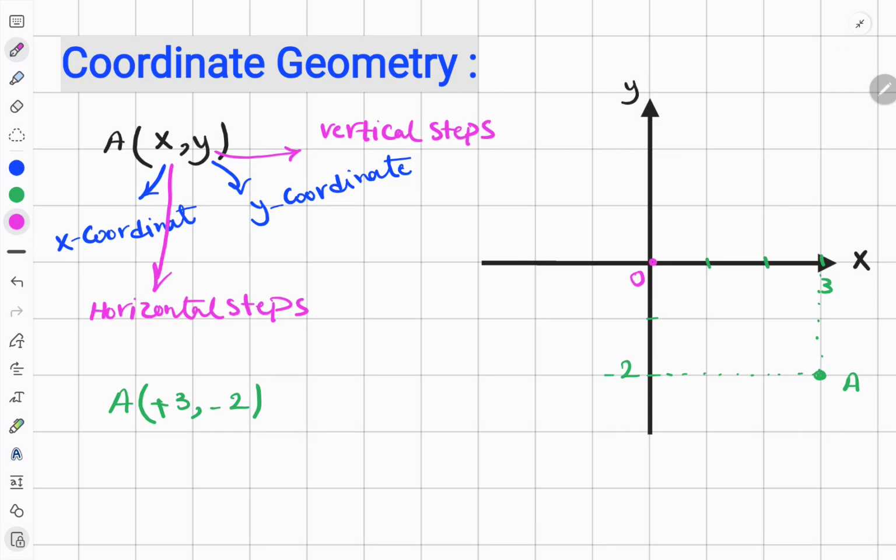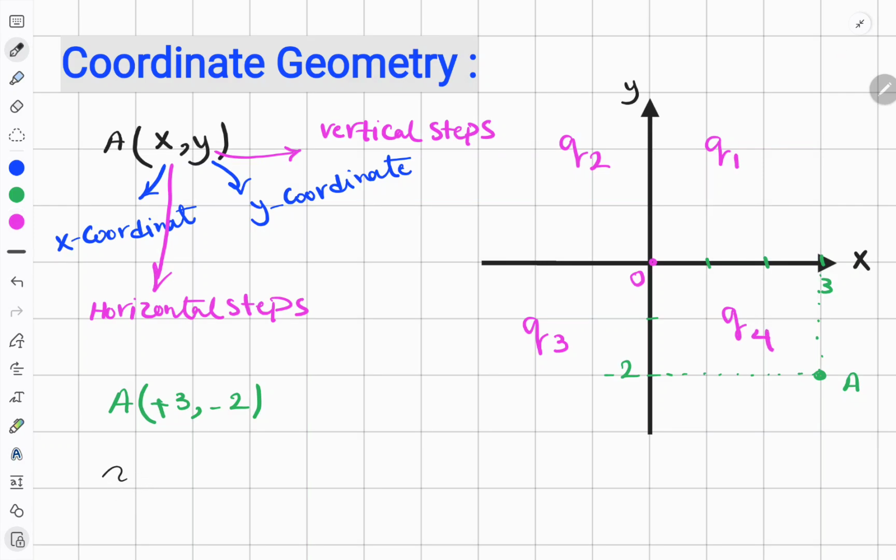And then the axes divide the number plane into 4 quadrants. So we can call this Q1, quadrant 1, Q2, Q3, and this is the last one, which is Q4.